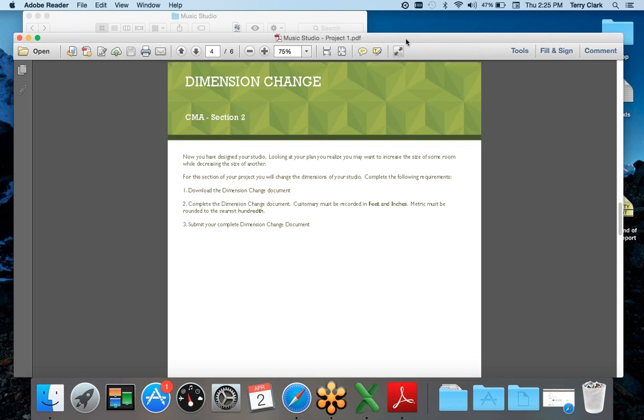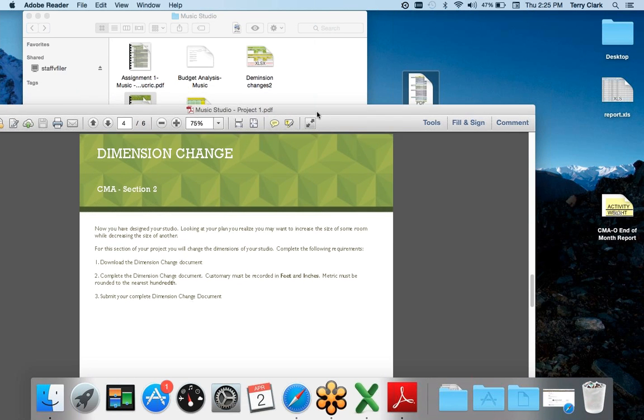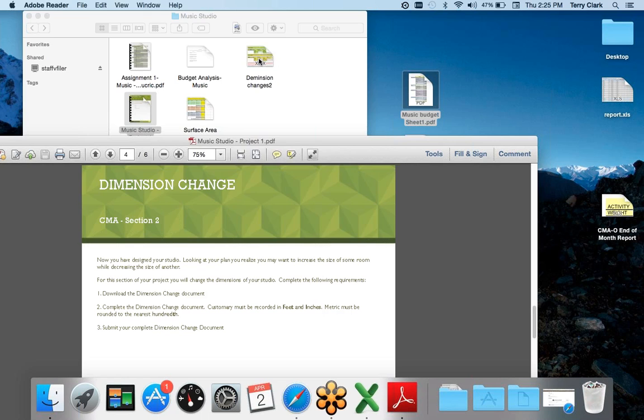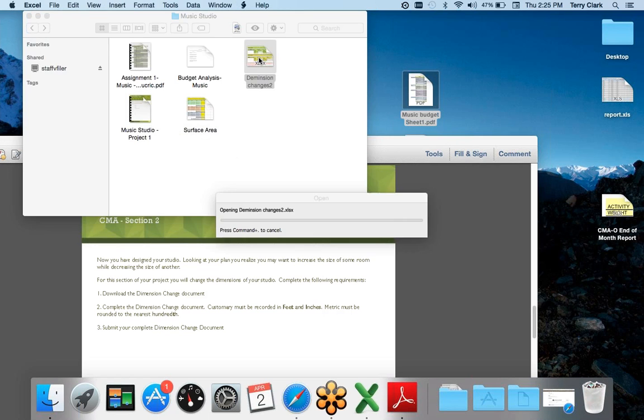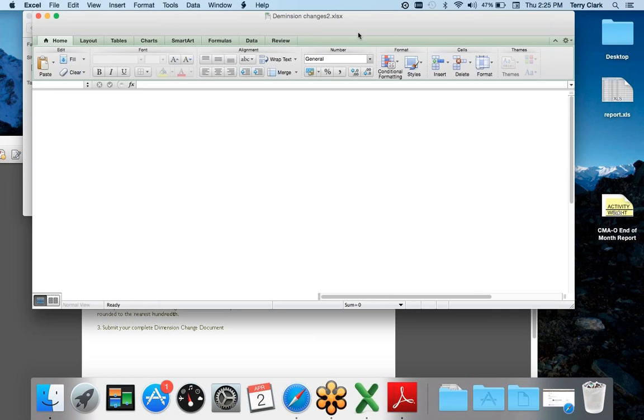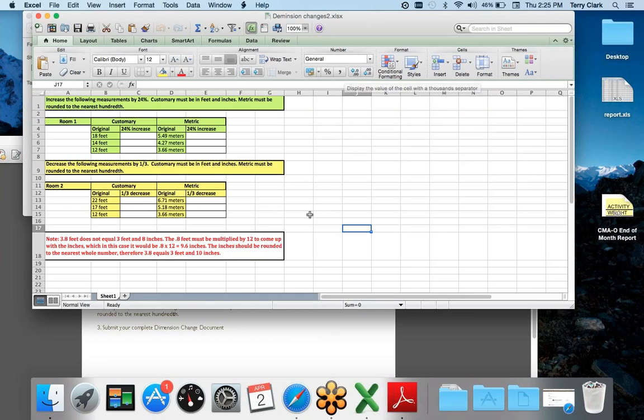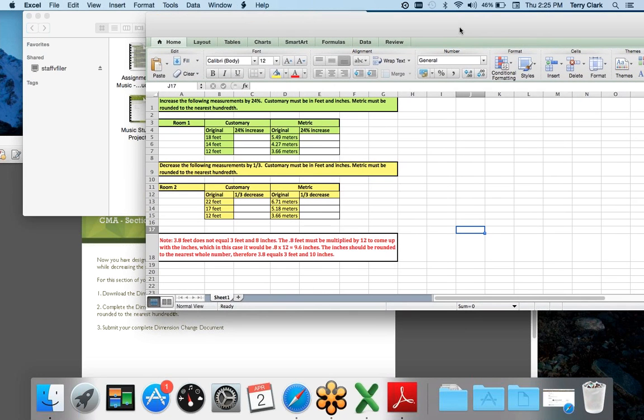I'm going to pull up that dimensions change document so I can look at it as I'm looking at the instructions. Here we go. The dimensions provided for room one and room two are given to us.